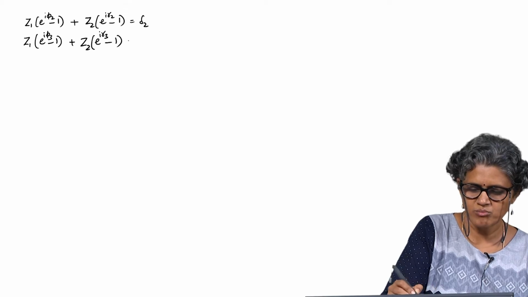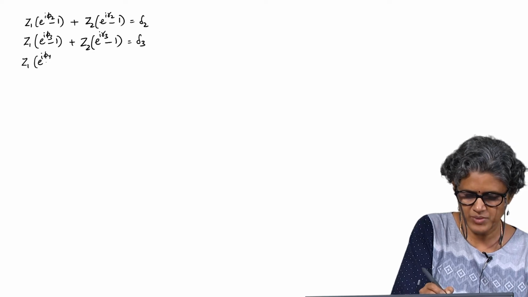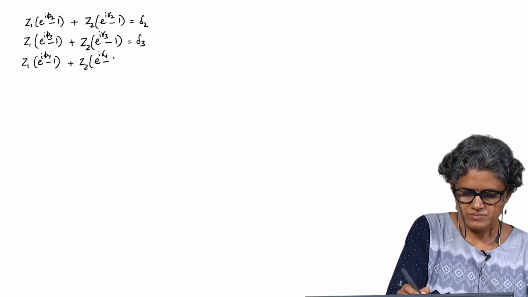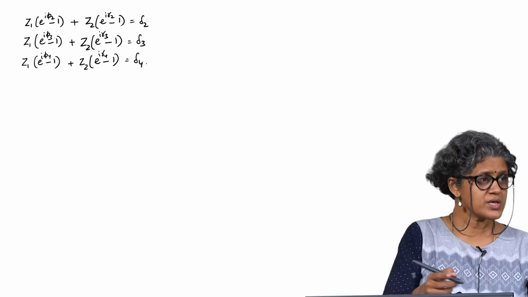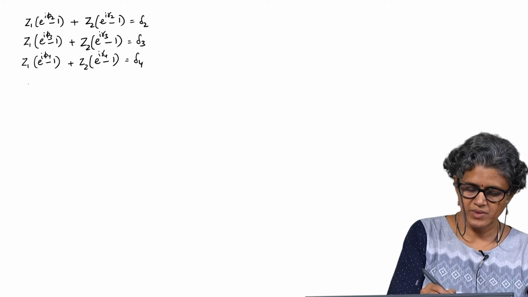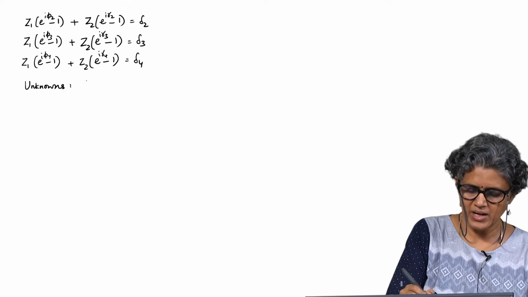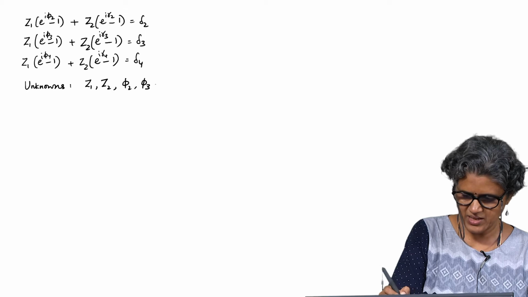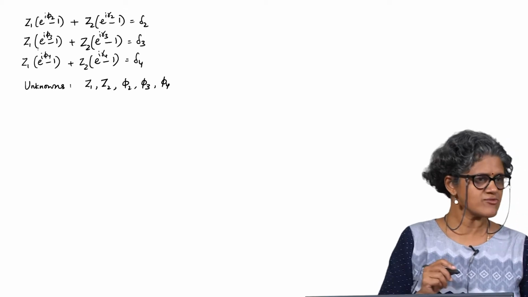The standard form, e power i phi 4 minus 1, delta 4. So, here the unknowns are Z1, Z2, phi 3, phi 4, and the unknown angles are in transcendental form.